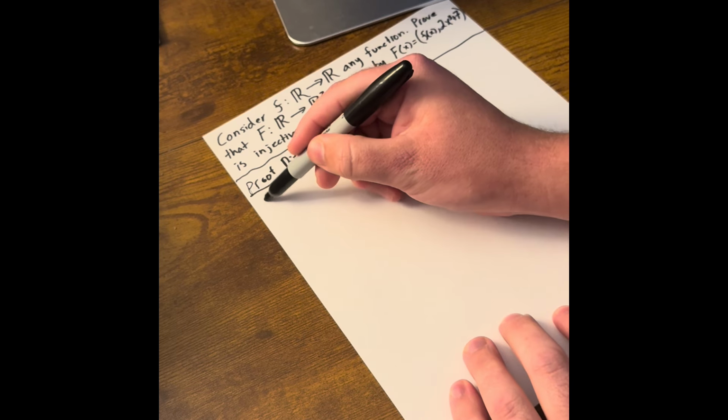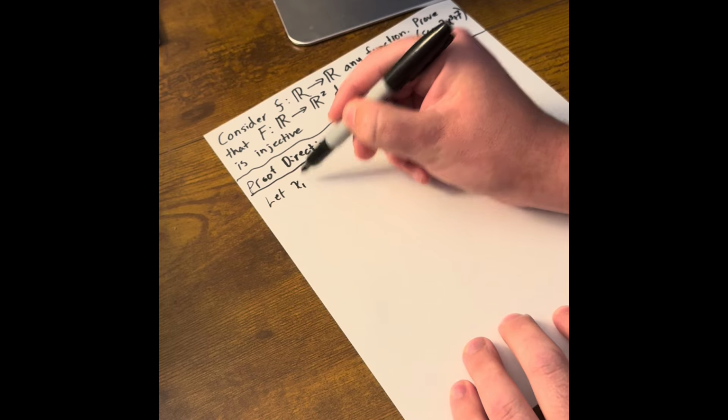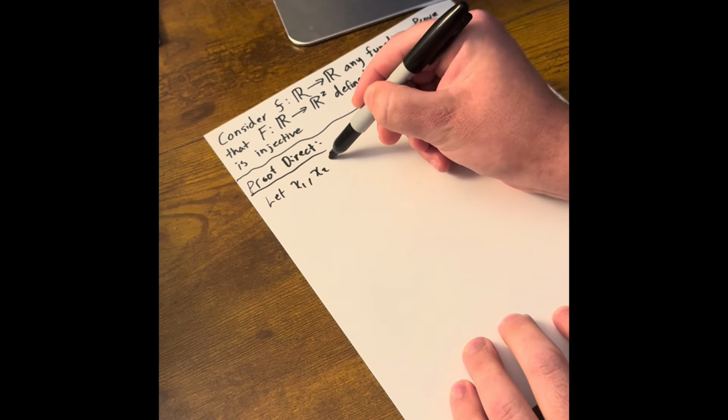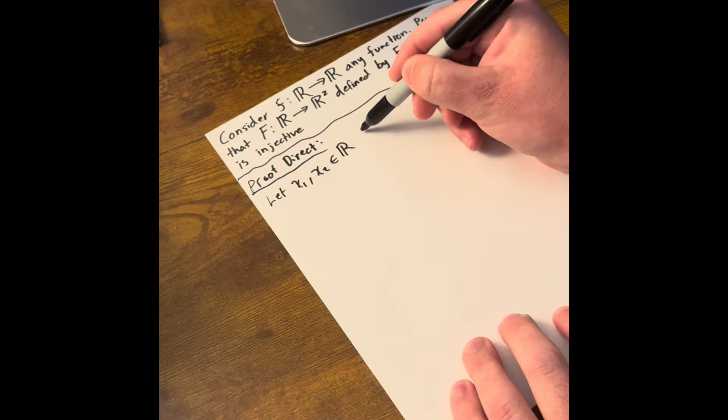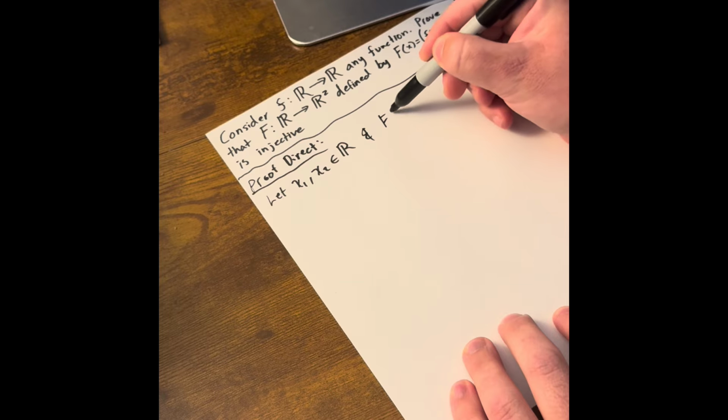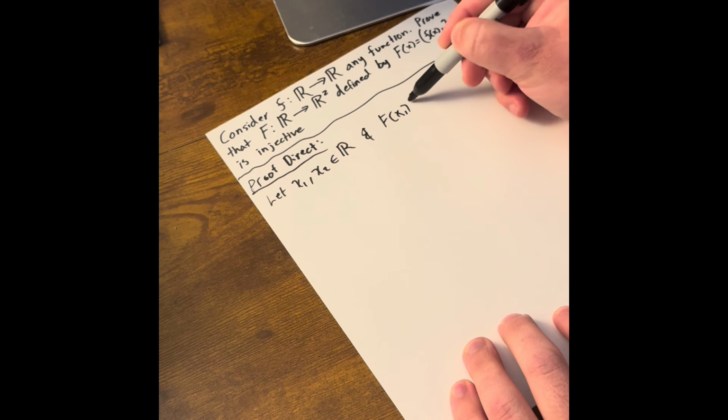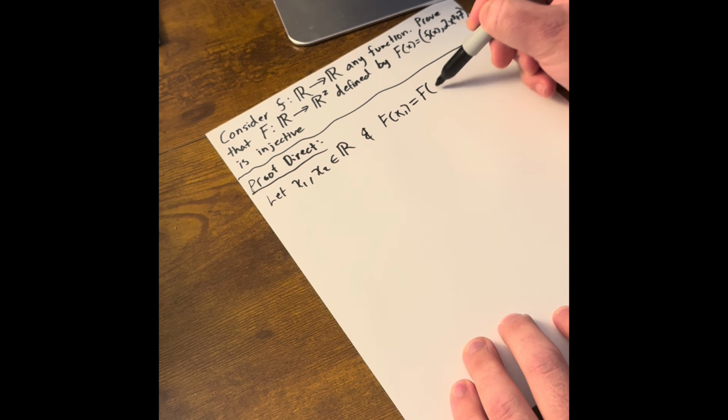We're going to start by letting x1, x2 be in R, and let big F of x1 equal big F of x2.